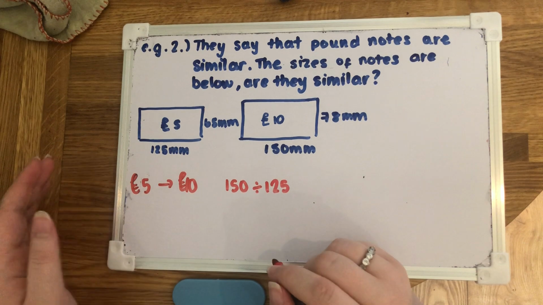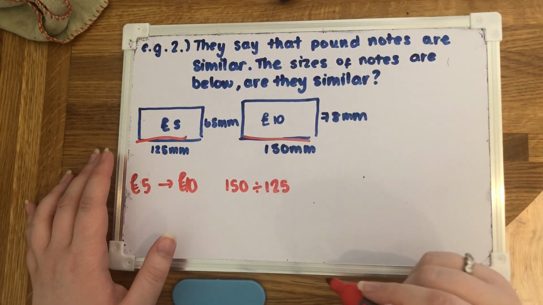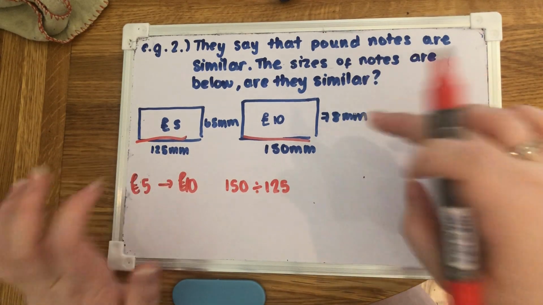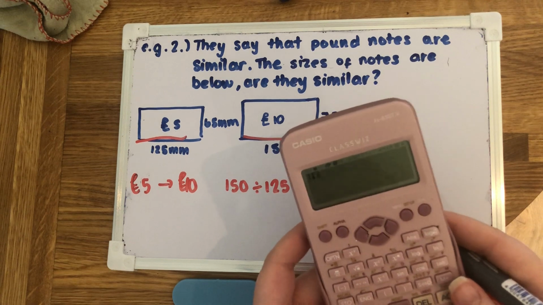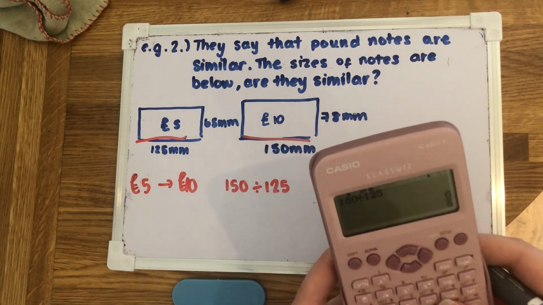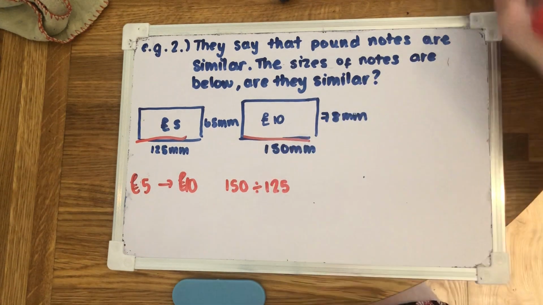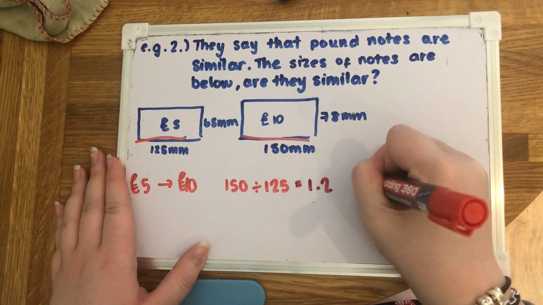Make sure you're doing the same side, so these are both the bases of the notes. Don't do this one and the side, it won't work obviously because they're the two sides that aren't the same. And then you can just use a calculator. These ones are quite tricky. If you wanted to simplify it like a fraction, then you could. So that's 1.2. So the scale factor is 1.2.